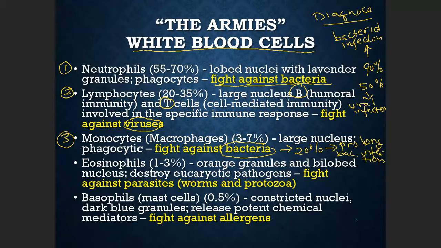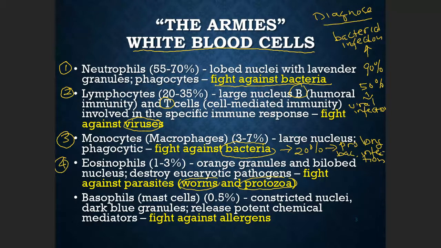Okay, and the next one is called the eosinophil. The normal concentration is around 1 to 3%. And these eosinophils mostly fight against parasites like worms or protozoa.